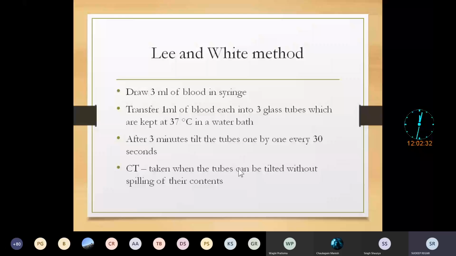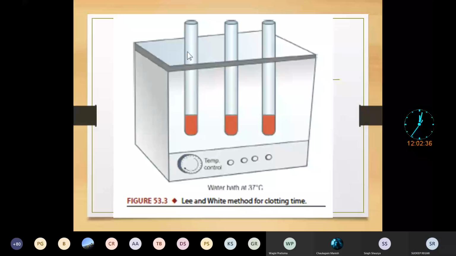Like this, in the 3 different tubes, we keep 1 ml of the blood in each test tube, and we keep those test tubes in a water bath at 37 degrees centigrade, because the body temperature is 37 degrees centigrade. Okay, so we tilt the test tube every 30 seconds after 3 minutes.